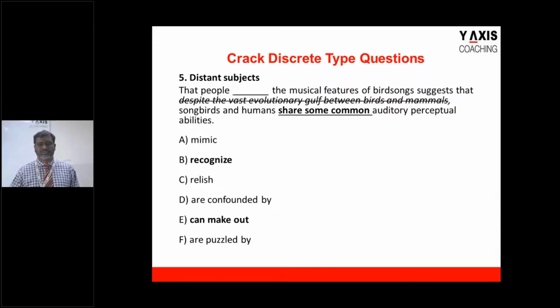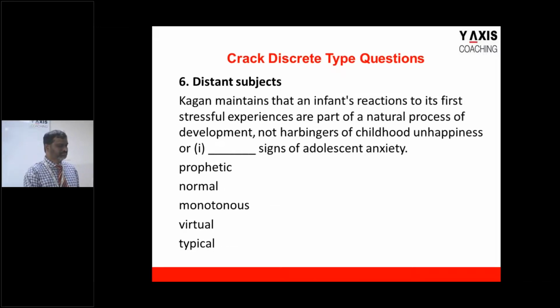People recognize and make out the musical features of songbirds such that they both have something in common. So if they have something in common, definitely they can recognize or identify. And the despite part is given just to provide some distraction.